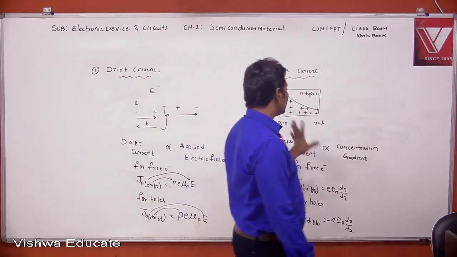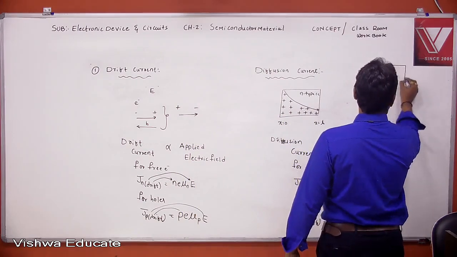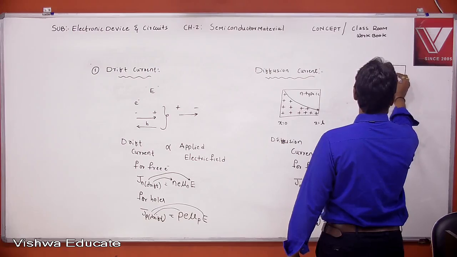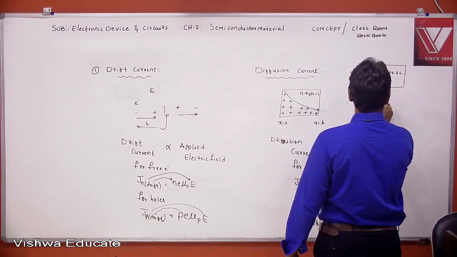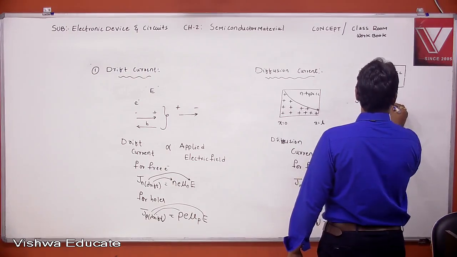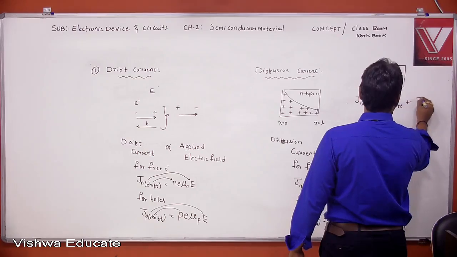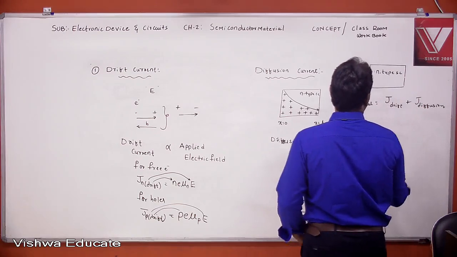That means what is the conclusion? In case of semiconductor, whether it is n-type or p-type, the total current offered by a semiconductor is nothing but drift current plus diffusion current.